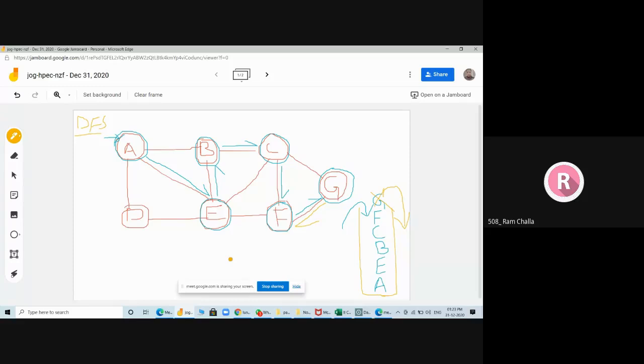Yes, sir. Now we are at F. Again check what are the adjacent nodes for F. E, C, G. Out of these three, is there any unvisited adjacent node?